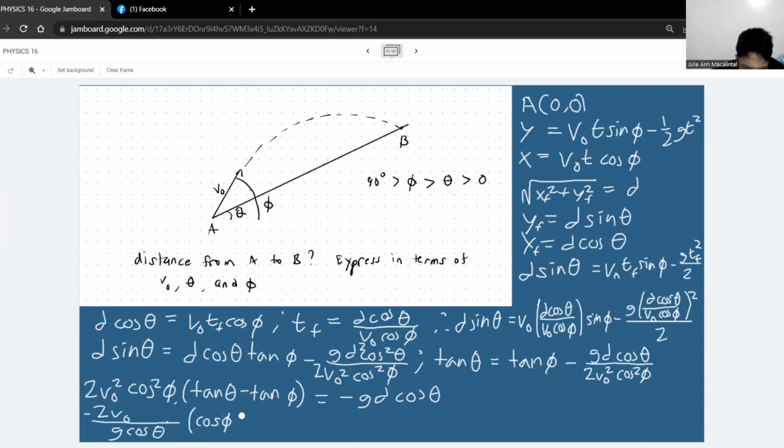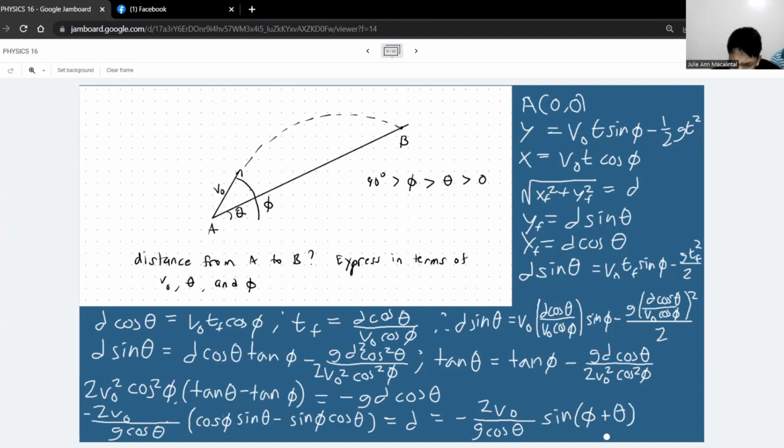So, there's a common factor of D, so cancel it. So, D sine theta, plus, so tangent theta is equal to tangent phi minus g D cosine theta over cosine squared theta v naught squared cosine.